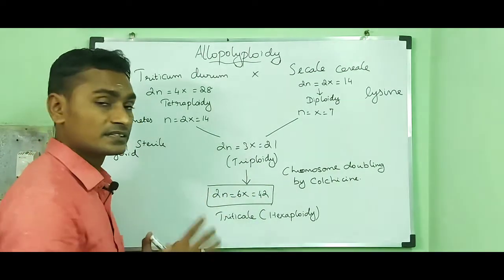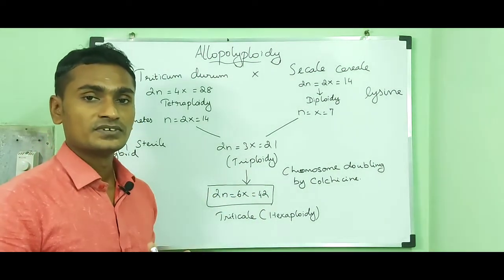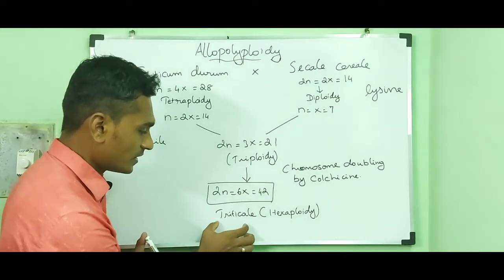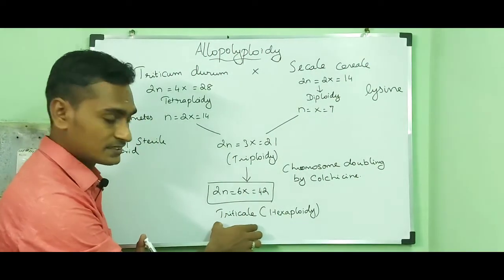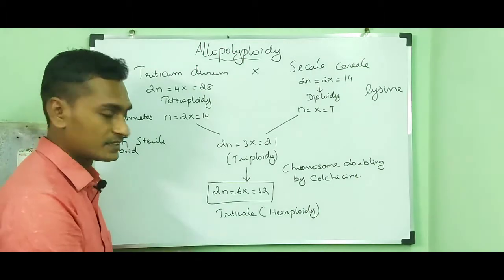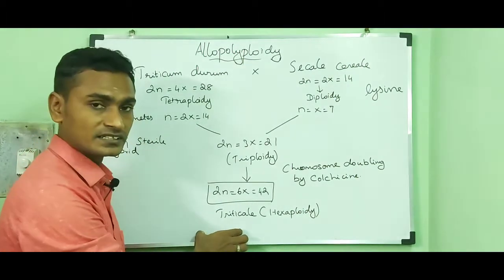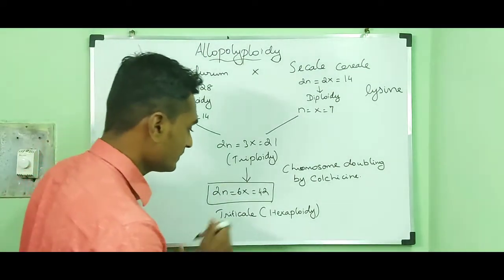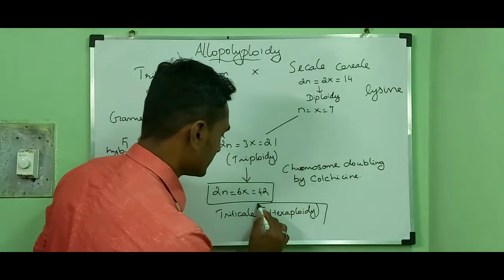Now the plant restores its fertility, and it results in the production of triticale. Triticale is the first man-made cereal, and it is in the hexaploid condition.